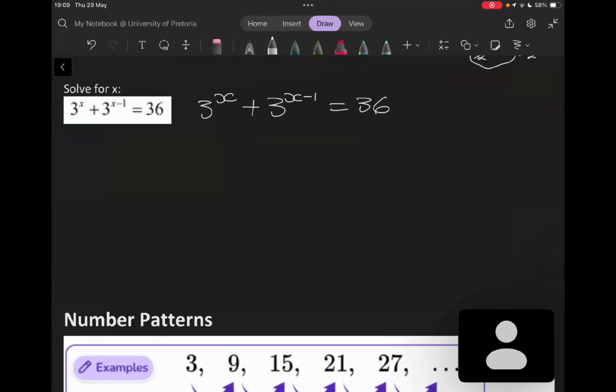Let's solve for this, right? On the left-hand side, everything is in the same base essentially, which is 3. On the right-hand side, we have 36.